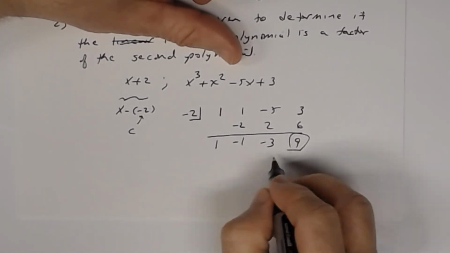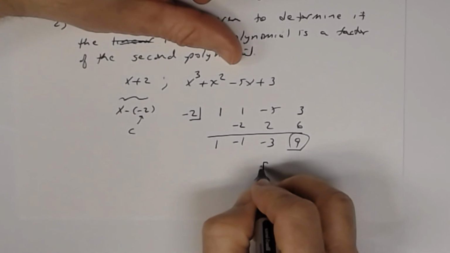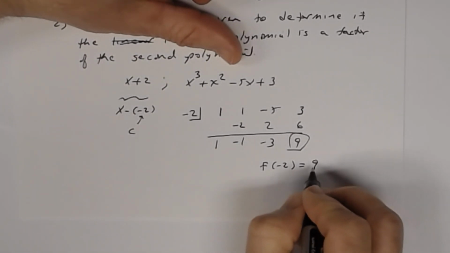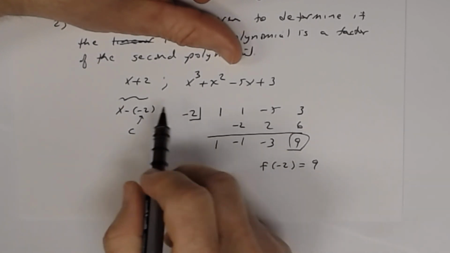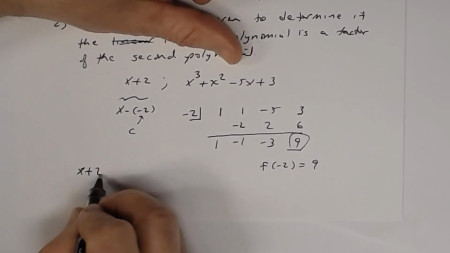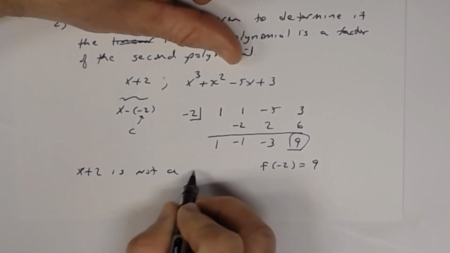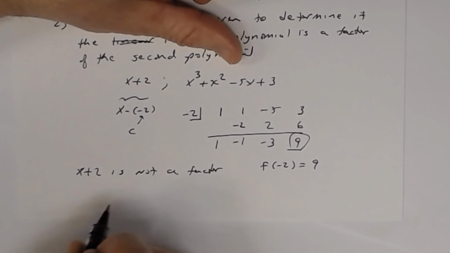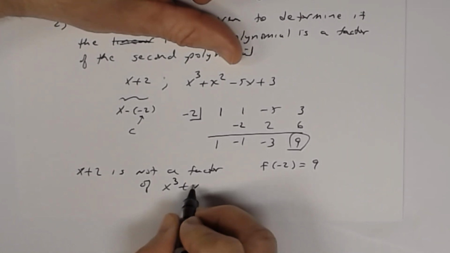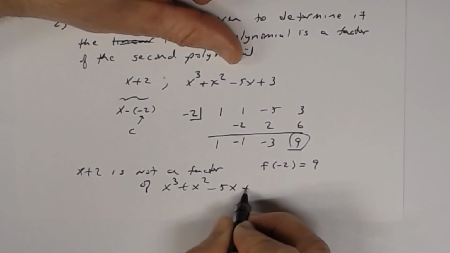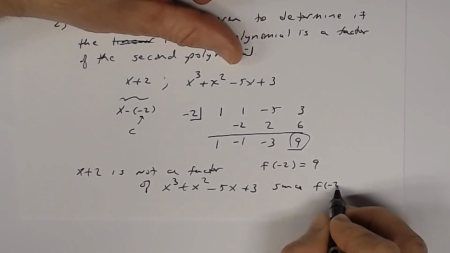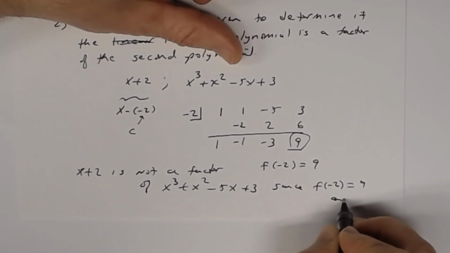All right, so that means that f of negative 2 is equal to 9, right? So that means that x plus 2 is not a factor of x cubed plus x squared minus 5x plus 3, since f of negative 2 is equal to 9 and not 0.